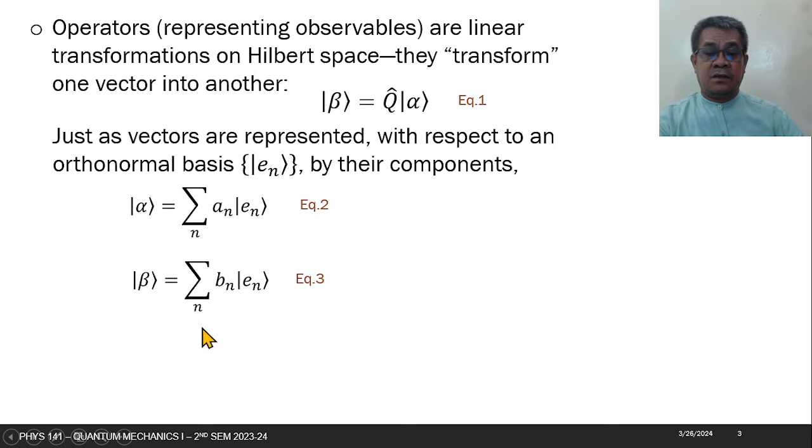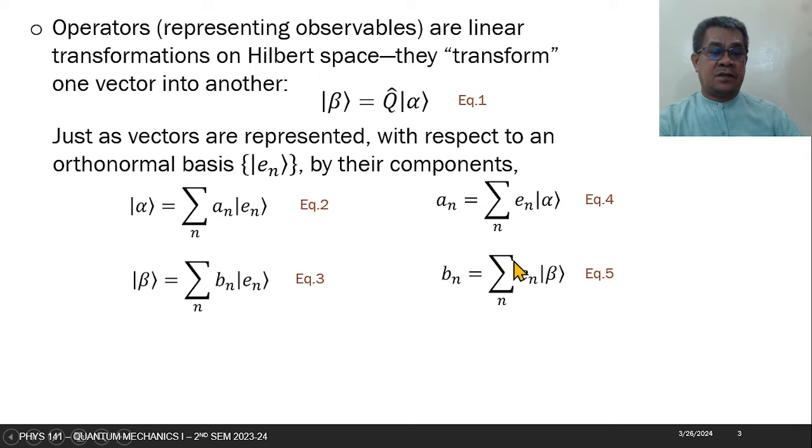Also for beta, we have b_n, then we have the basis e_n. And a_n is just the inner product of e_n with alpha, b_n is the inner product of e_n with beta.